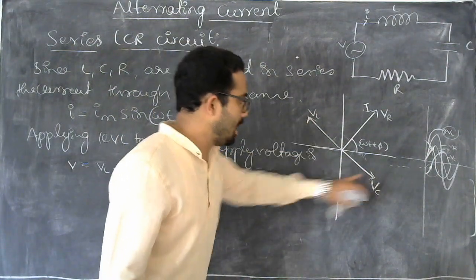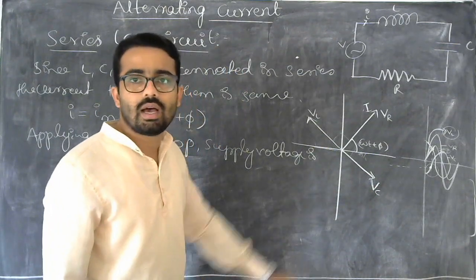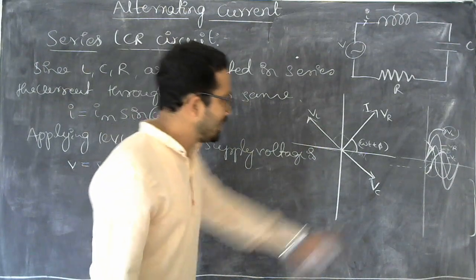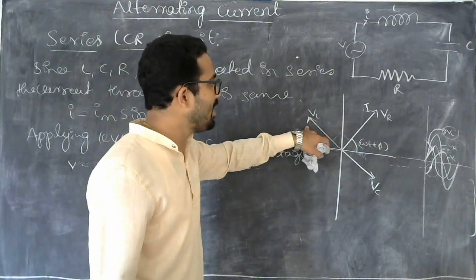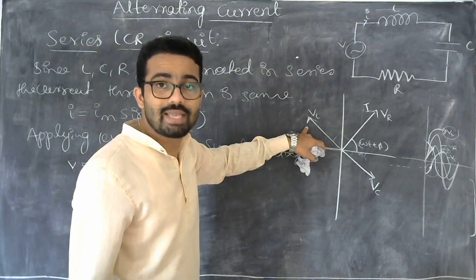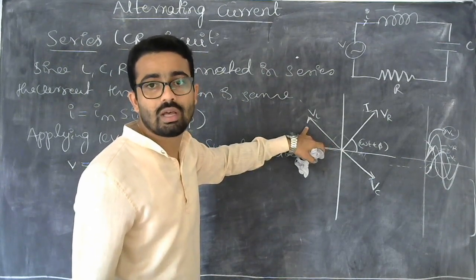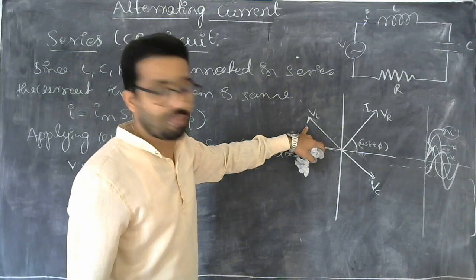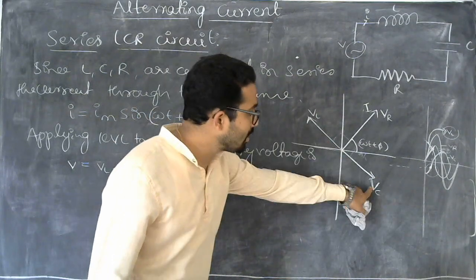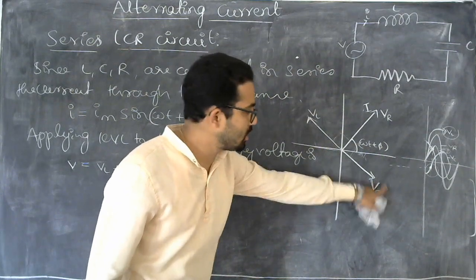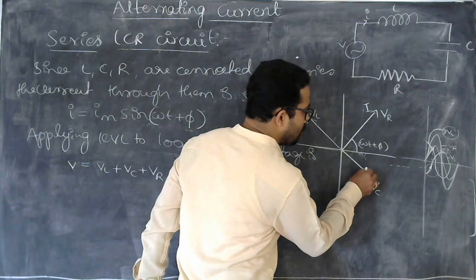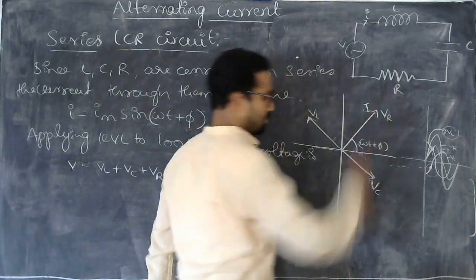Since they are anti-parallel, we can write the resultant voltage phasor, and since VC is greater than VL, the resultant voltage phasor or reactive voltage will be along this direction itself, because this value is greater than this. That is why the direction of V is also along this direction.